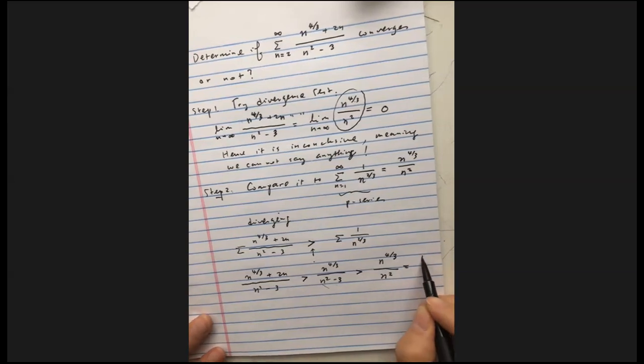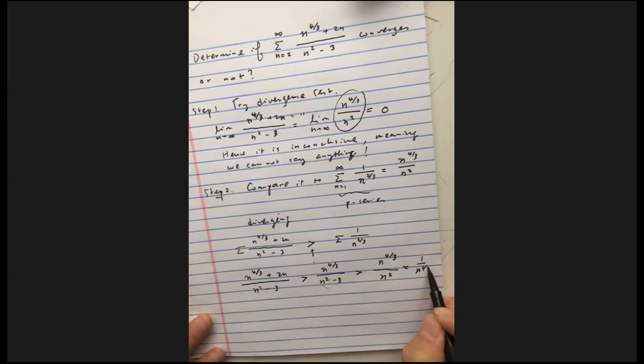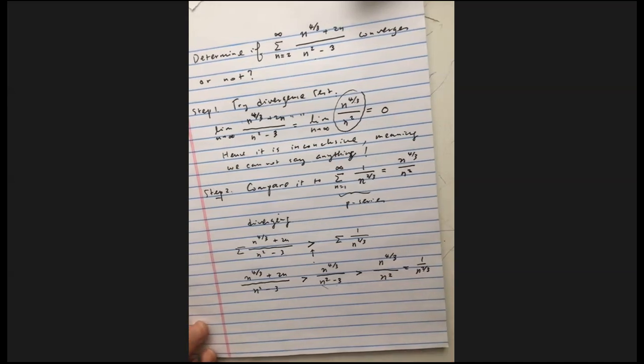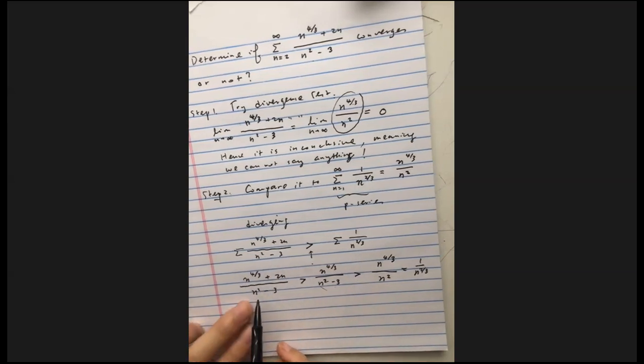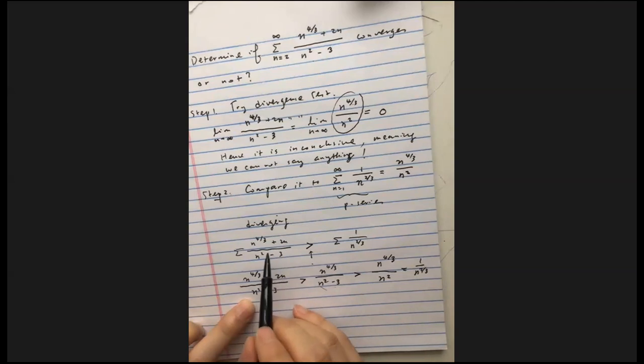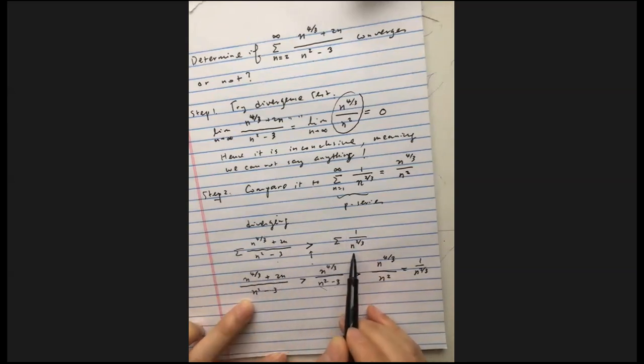And this gives me 1 over n to the 2/3. Okay. And that's the reason why this inequality is true, because term by term, each term on the left-hand side is always larger than the corresponding term on the right-hand side. Hence, we know that this series is always larger than this series here. But by the p-test, I know this is diverging, right?